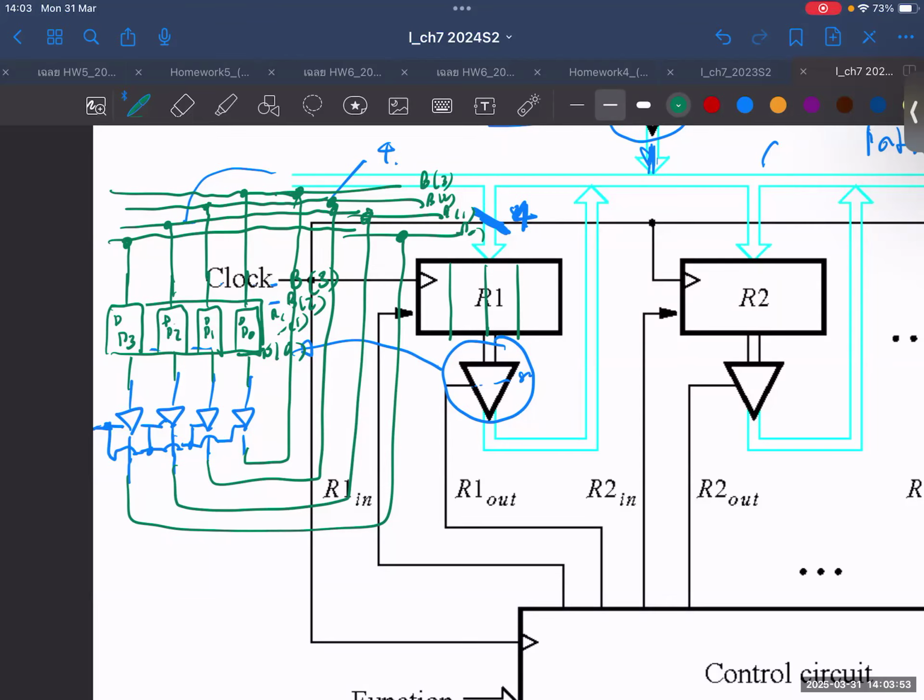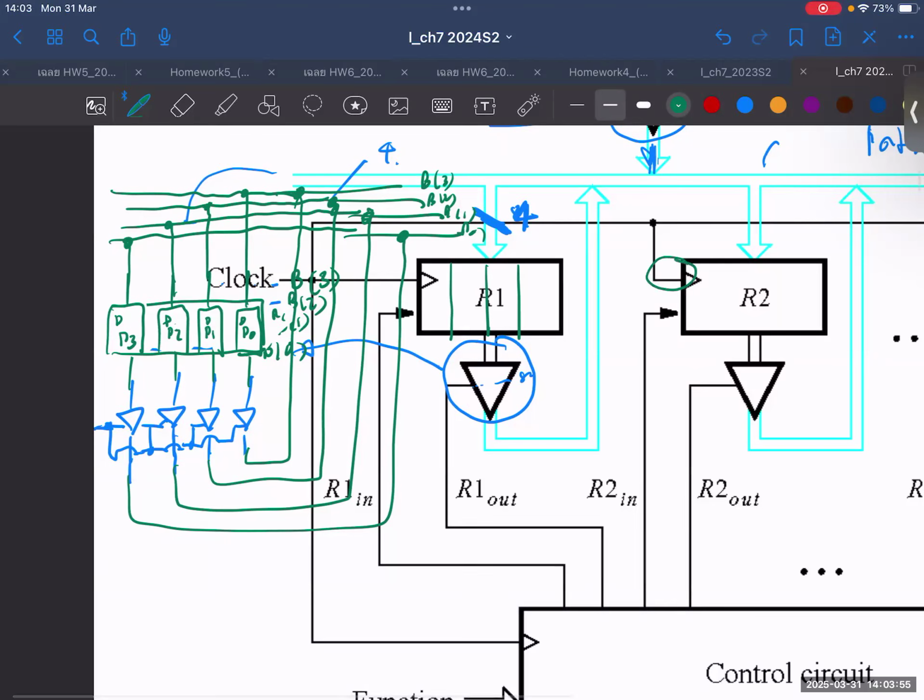Okay, and these things we call the command control. For example, when this is going in, it's going to all the flip-flops. For example, you have this one, right? I1. So where does I1 go? I1 goes here, here, here, here, and they're all connected to be the one signal that goes into R1. Okay, so it's command control.